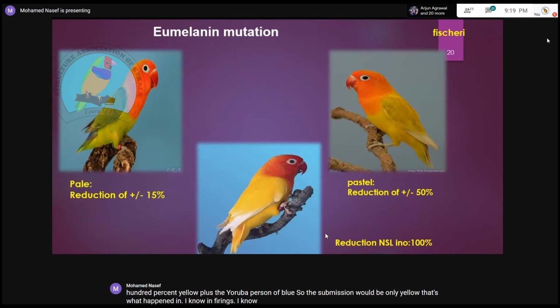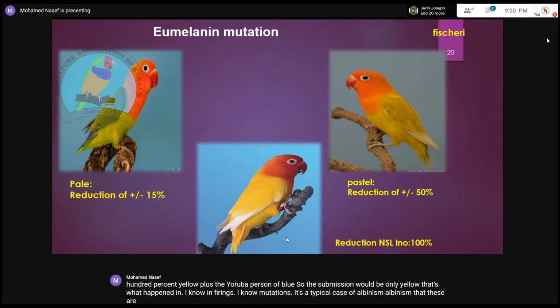Ino mutations are a typical case of albinism. Albinisms are mutations that stop the formation or the coloration of eumelanin pigment.